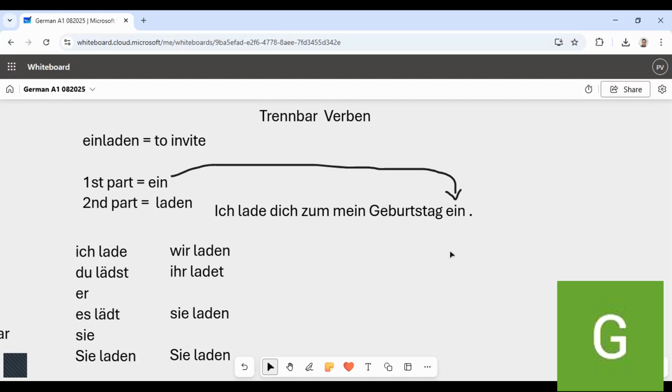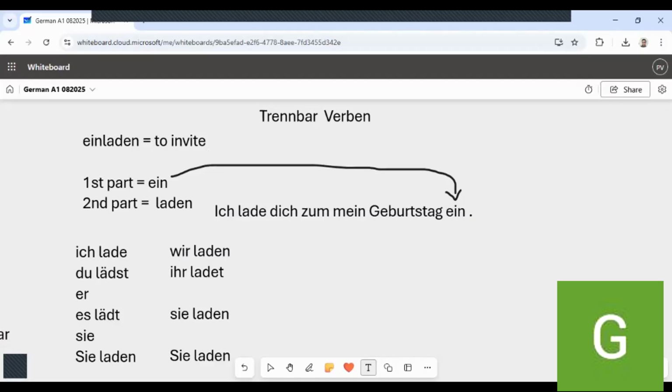Whatever verbs are coming there, you should know the conjugation of that verb, and then you should be able to frame the sentence. I hope the first verb is clear, how we are going to make a sentence with the Trennbar verb. Is it clear? Yes, sir.